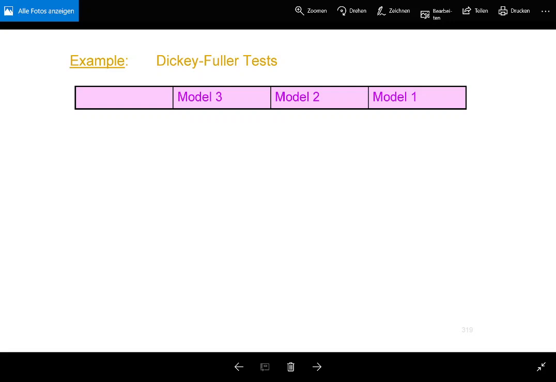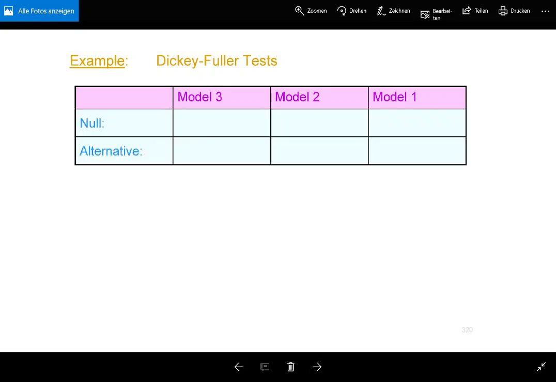Anyways, I want to summarize, because what model you choose depends basically on the path the time series appears to take. The null hypothesis for model 3 was that the process has a unit root, which means that the process is a random walk without a drift, basically. Integrated of order 1.